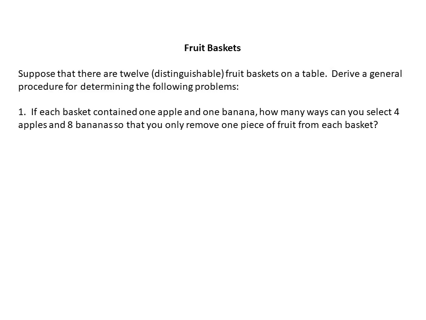One way to do this problem is to think of it as a word problem in which you have 12 positions. Those would be the 12 fruit baskets. And you have 12 letters, but 4 of them are A's and 8 of them are B's. So for instance, if in the first position you have an A, that means we took an apple out of the first basket.